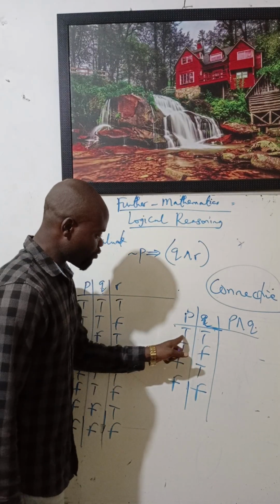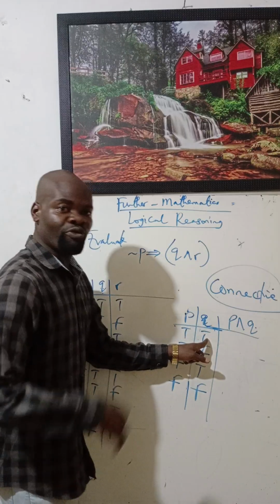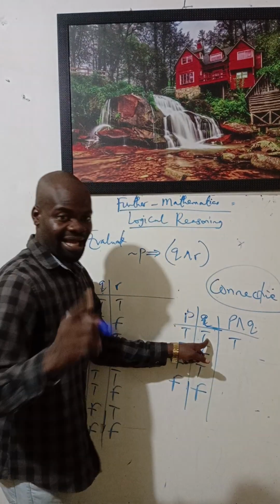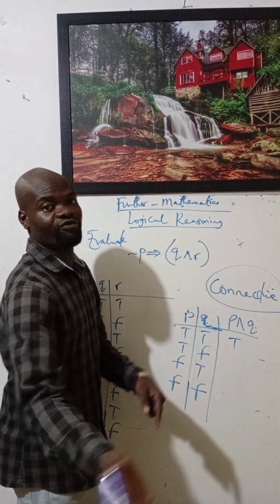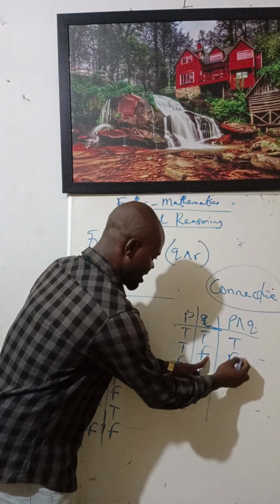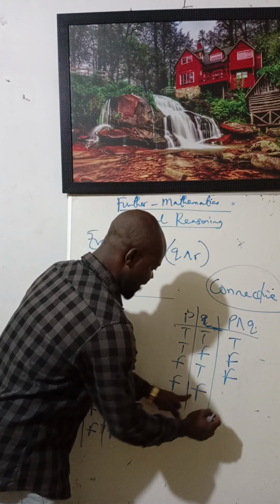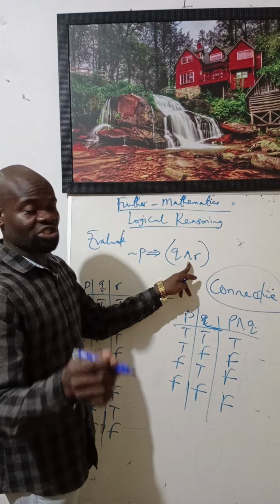If you see the same letter, only T, T will give us T. Any other thing will give us false. T and F is F, F and T is F, F and F is F. That's the rule for conjunction.